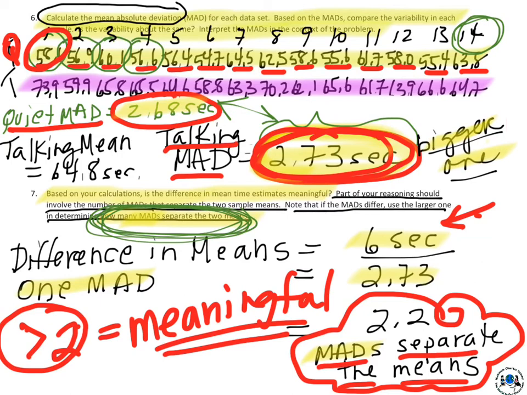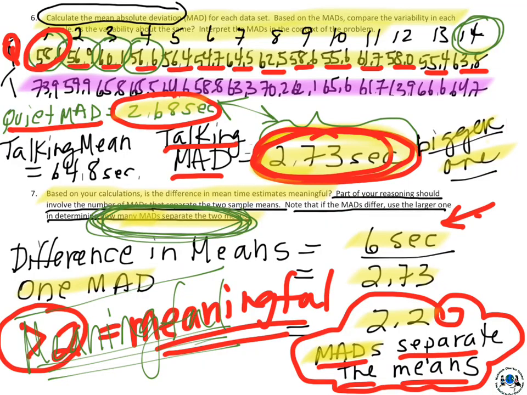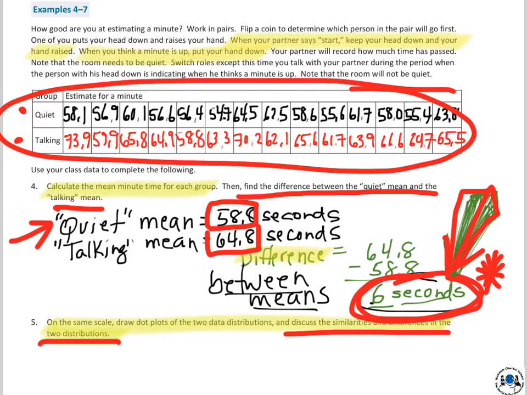Meaningful in the sense that we can more or less safely say to ourselves that the difference in those means is not just because of sampling variability, because sampling variability is always going to mess things up in some way, shape, or form.